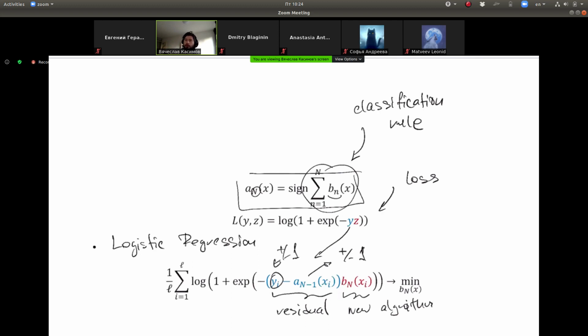Let's see what possibilities we have here. If this one was plus 1, this one could also be plus 1, so we have 0; minus 1 and minus 1 also gives 0. And if they are different, we have plus or minus 2. What is the same class?